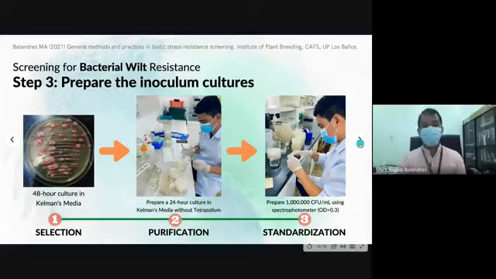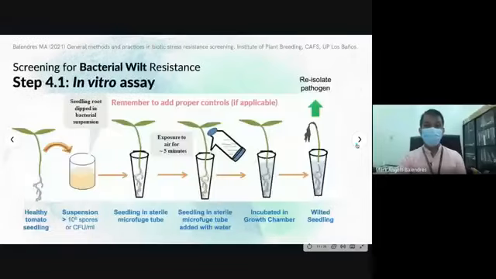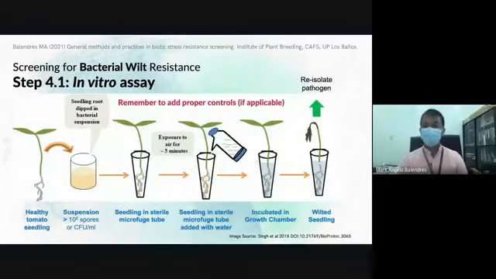So once you have prepared your test plants and your inoculum, we will proceed with the different screening procedures, starting in the laboratory with an in vitro assay. Before I forget, you need to make sure that you also plant your controls.